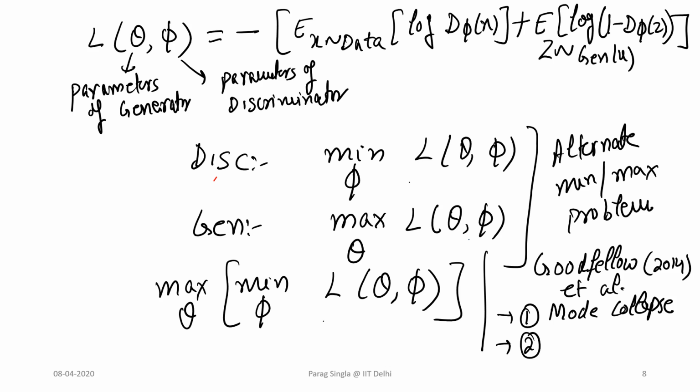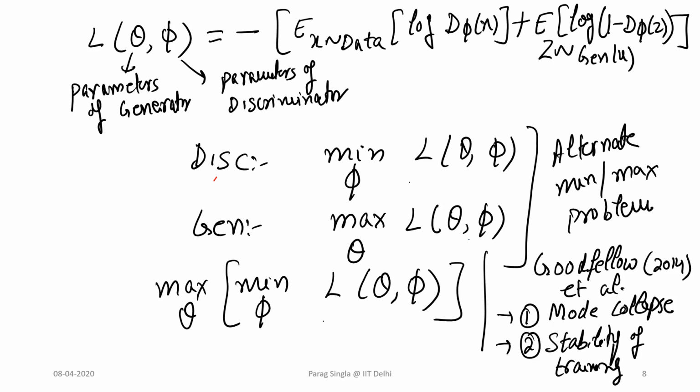The second problem that has been observed with GANs is the stability of training, that this alternate min-max optimization can be highly unstable, and people have also tried to address this in some of the recent works. I will encourage you to look at all this literature if you are interested in knowing about this.